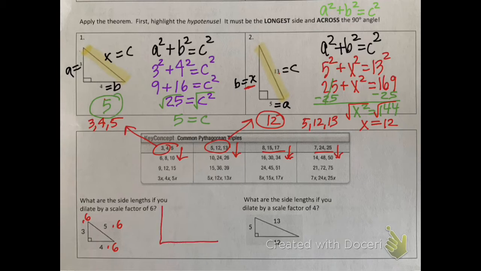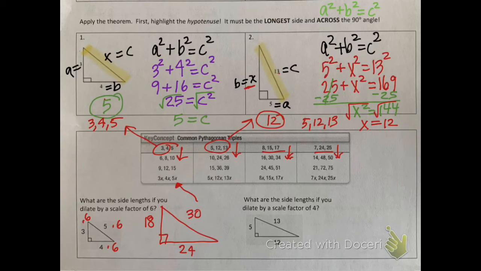This is definitely not drawn to scale, but I'm going to draw a larger right triangle. So the new side lengths would be 3 times 6 would be 18, 4 times 6 would be 24, and then 5 times 6 would be 30. So it would belong in this list here. You would see 18, 24, and 30 in that list.